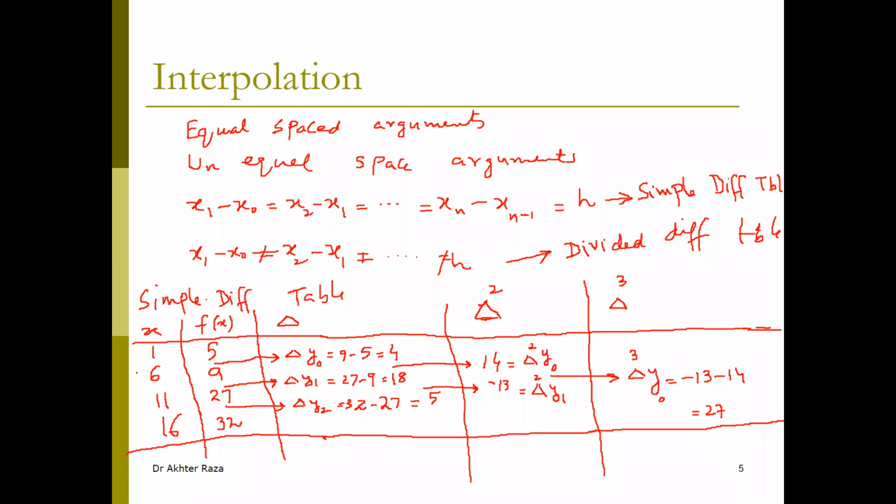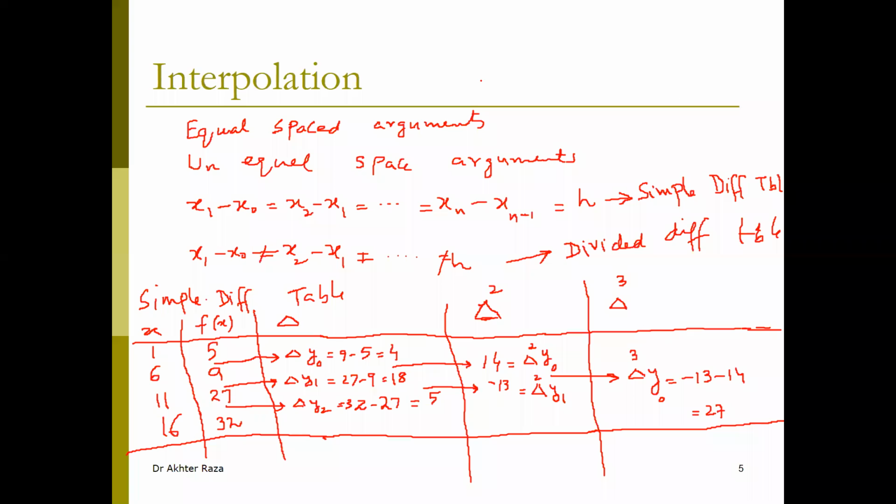If we have 4 arguments, then the third order column will have only a single value, and after that we have nothing. After that, we have 0. Delta 4 is 0, delta 5 is 0, and so on. If we have n plus 1 arguments here, then the nth order difference will be constant and the n plus 1 order will be 0. So this is the conclusion of simple differences.